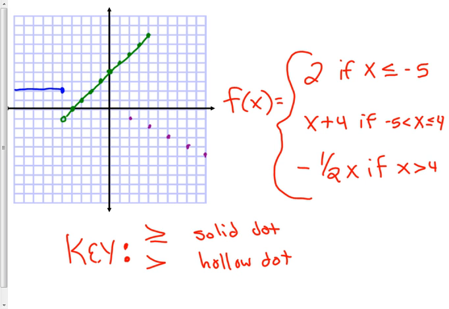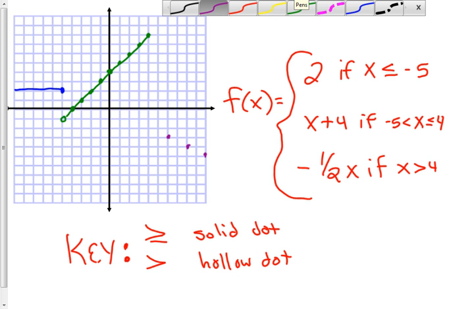So there's the graph of that line, but what x's can I use? It says only x's greater than 4. So I know this x over here at 2 I can't use, but I can use the one at 4. Well, what does it say? It's a hollow dot because it's greater than, not greater than or equal to.